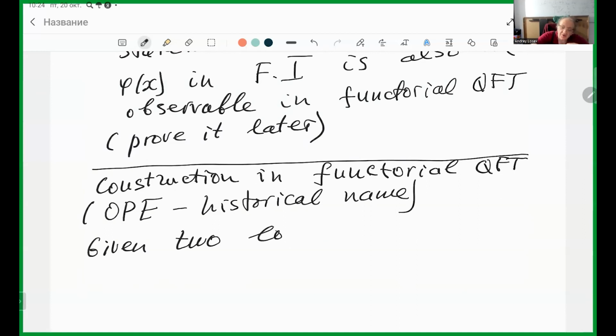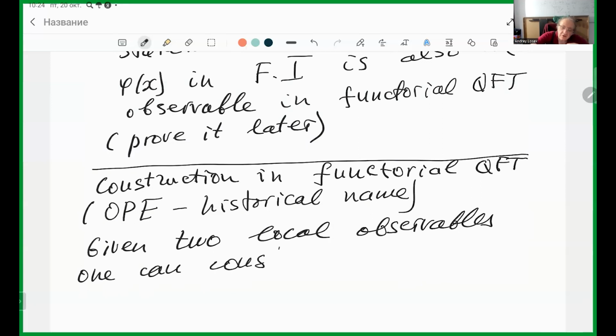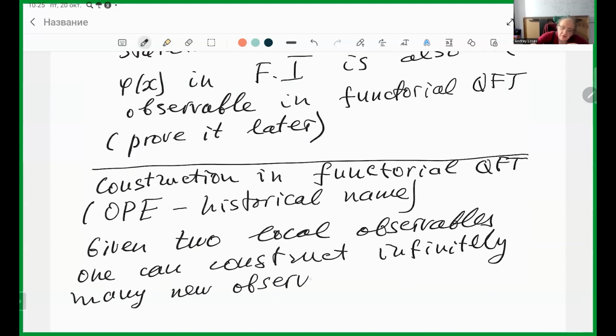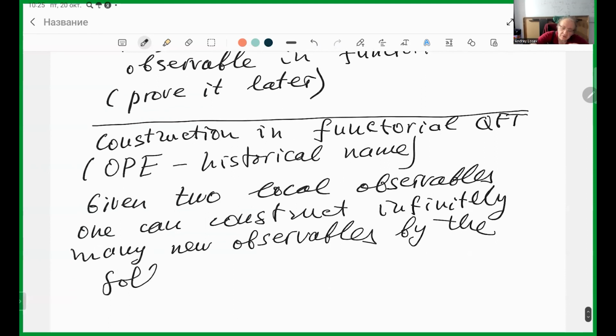Given two local observables, one can construct infinitely many new observables by the following procedure that I'll describe.